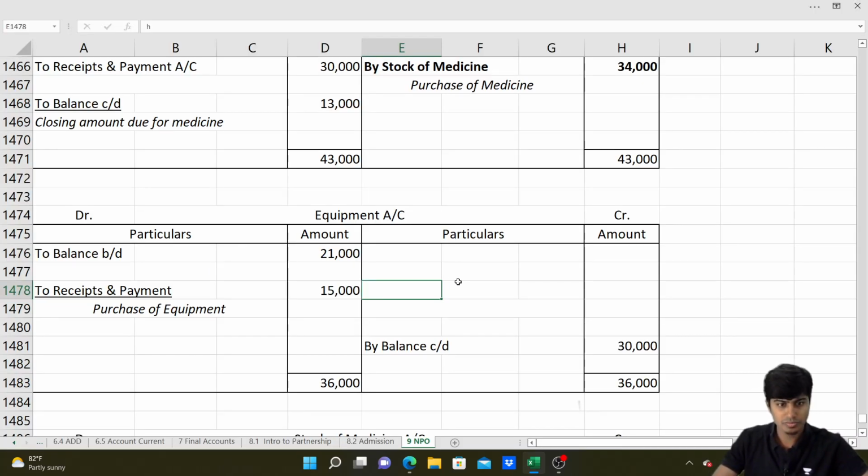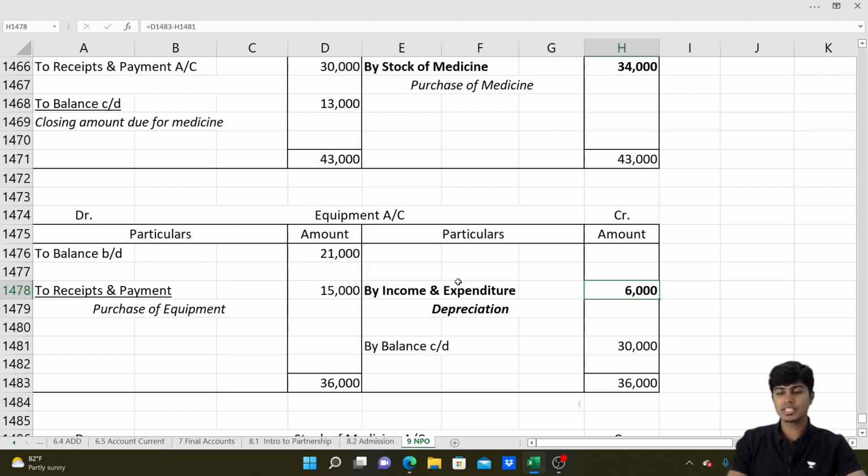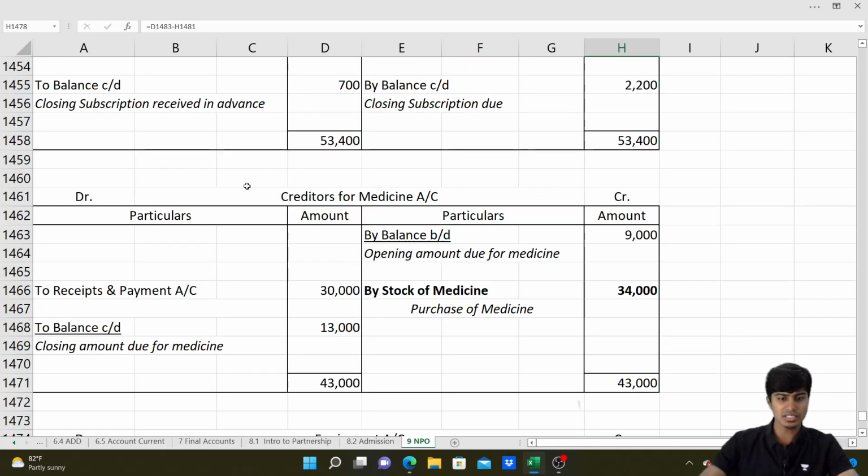It got closed by income and expenditure. What is this? This is depreciation for the year. How much is that? That is 36 minus 30, 6,000. Because this is an expense in the income and expenditure, I'll write it on the expense side, 6,000.